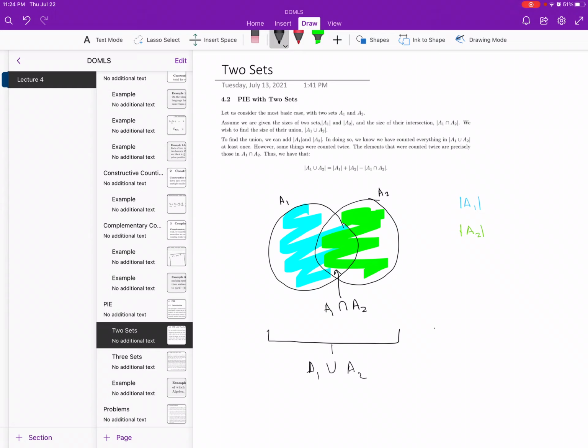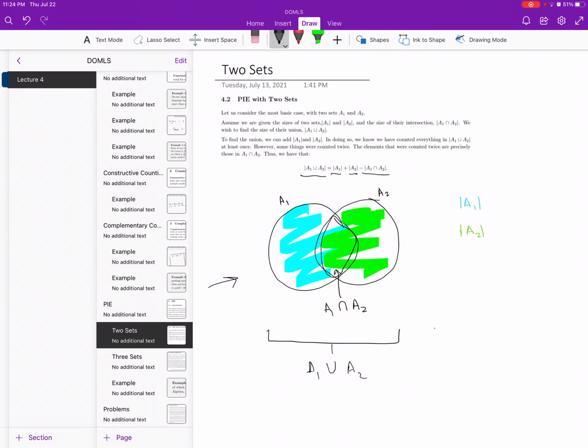Okay, so what the principle of inclusion and exclusion says is actually very simple. The magnitude of A1 union A2, so the number of elements in total in this Venn diagram, is equal to the magnitude of A1, so this blue part, plus the magnitude of A2, this green part, minus this center part. So why are we subtracting the center part?